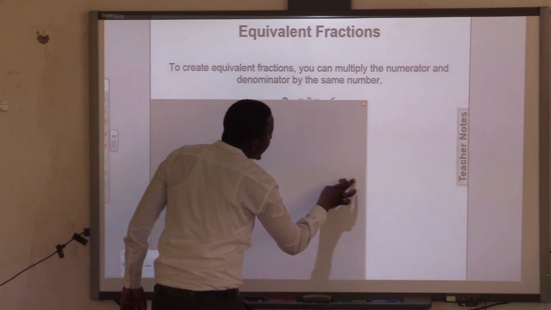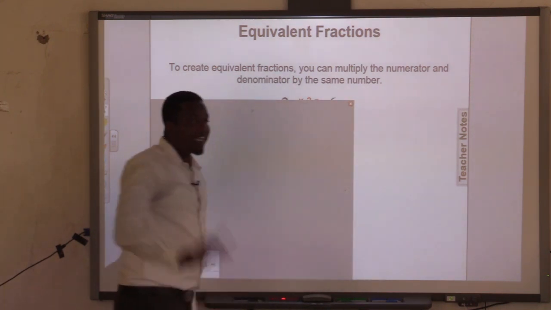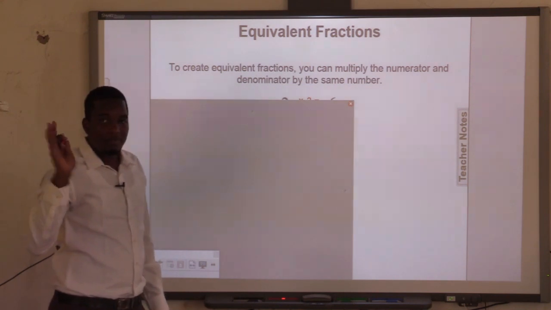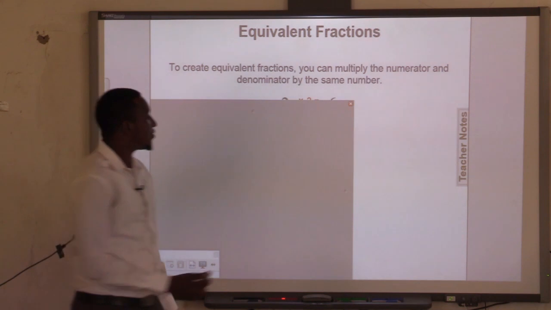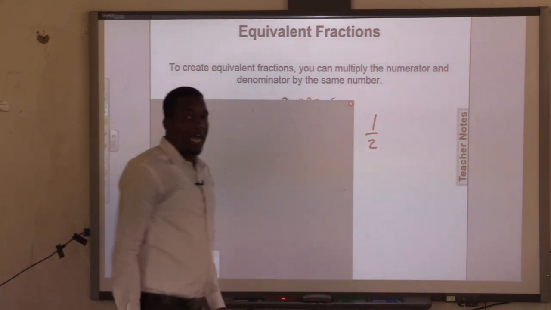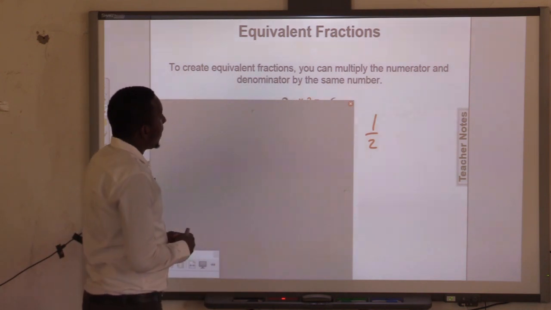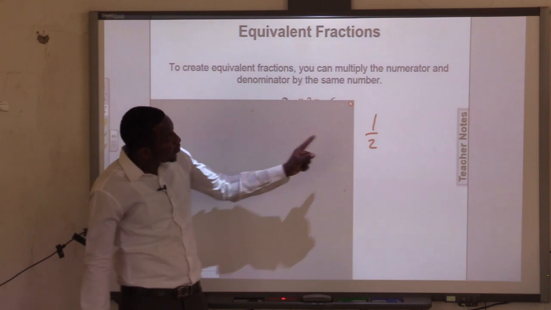Let's try to do that here before we look at the example that we have. Take any fraction. Maybe I like a half, so I will take 1 all over 2. What I want is to find another fraction that is equivalent to this fraction.